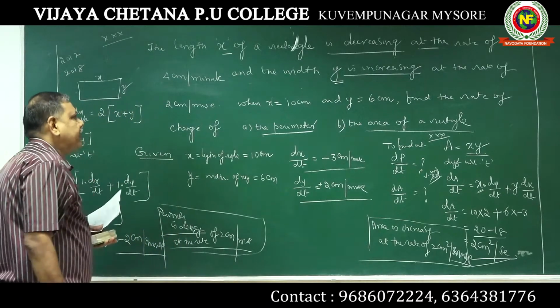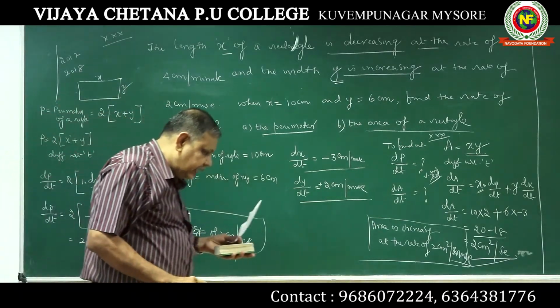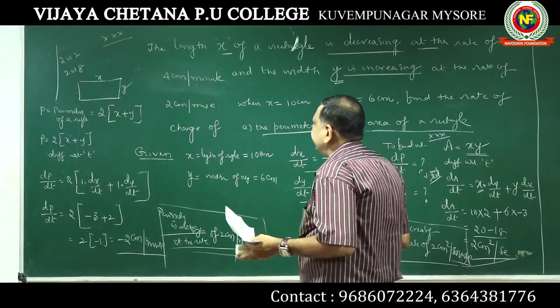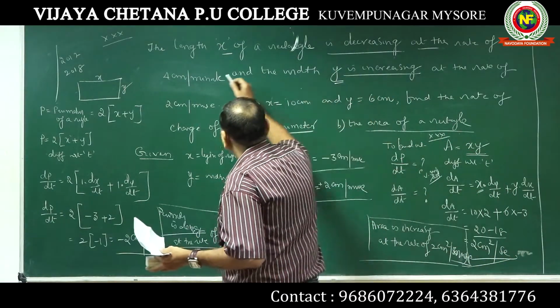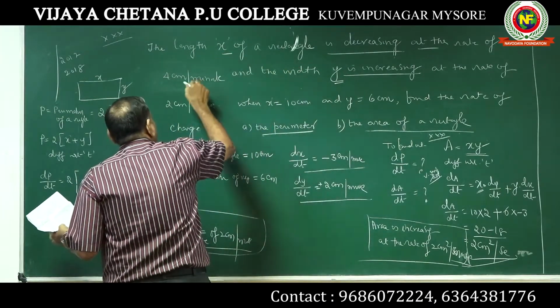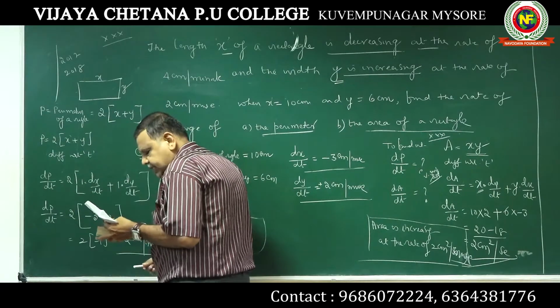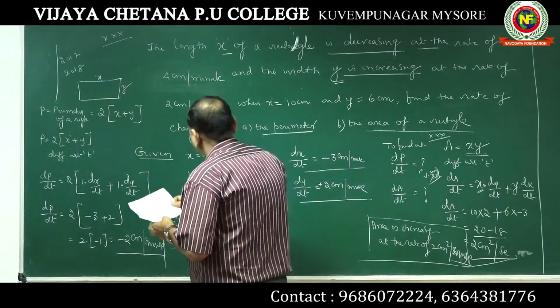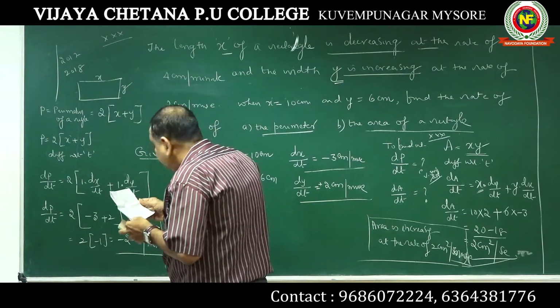The length x of a rectangle is decreasing at the rate of 4 centimeter per minute. I'll put 3 into it, you make it as 4, it is, I don't know, is 5 centimeter.